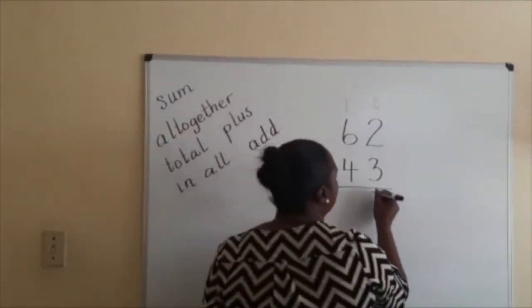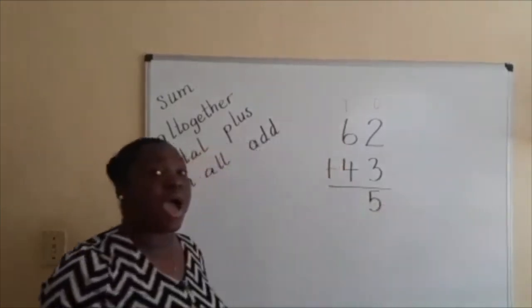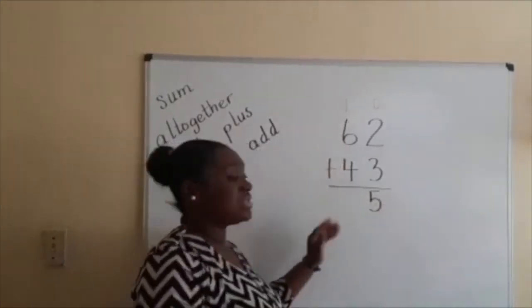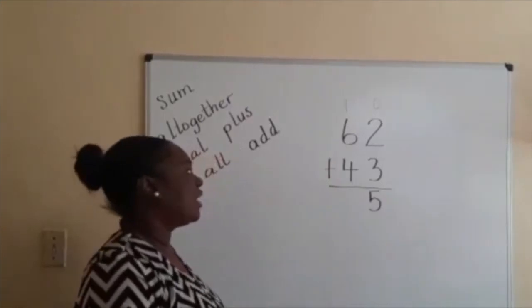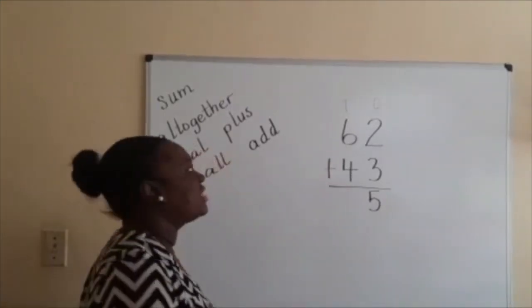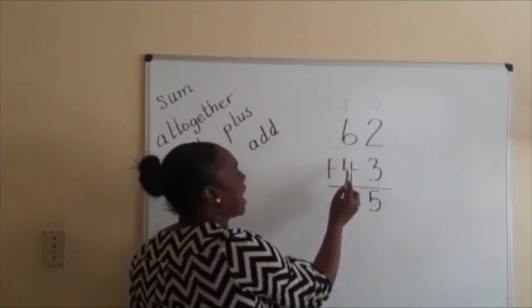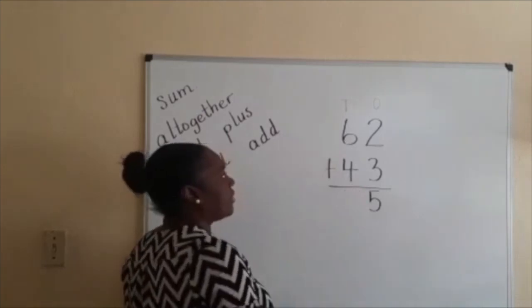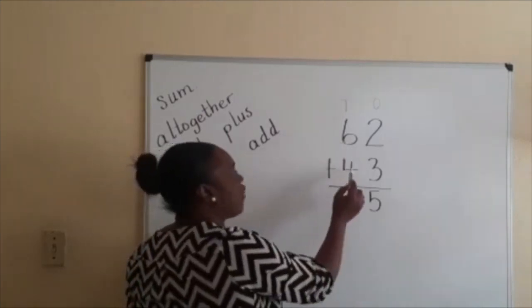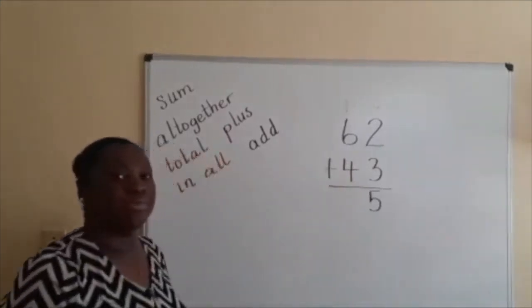Excellent. It is 5. You are free to use your counters to find the sum as well. Now we can move on to our tens column. In the tens place, we have 6 and 4. 6 plus 4. What is the total of 6 plus 4?